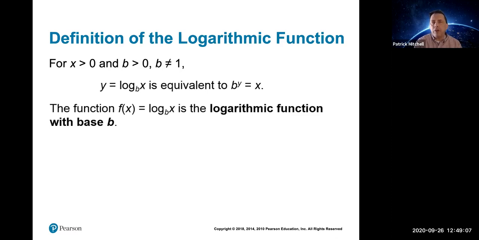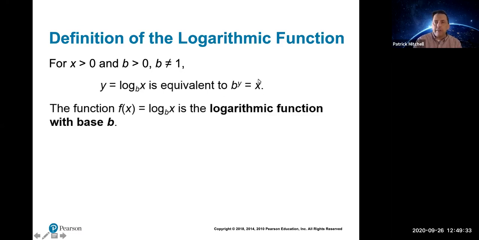Remember that to create the inverse of an exponential function, one of the steps is to switch x and y. So imagine that this right here had started out as y equals b to the x. When we switch x and y, of course, we would get b to the y equals x. And that's basically the definition of the logarithmic functions.